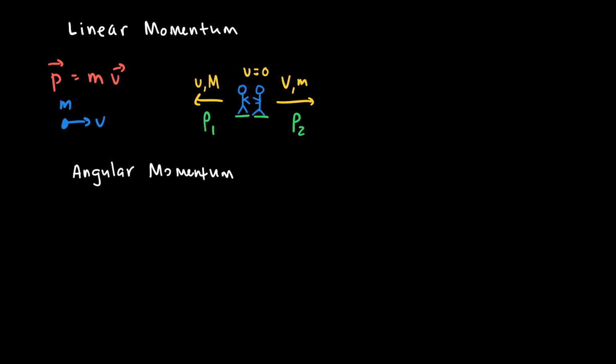And the way that we dealt with problems like this is we said the initial momentum was 0 because neither one of the objects were moving. We could write m times 0 plus M times 0 if we really wanted to.